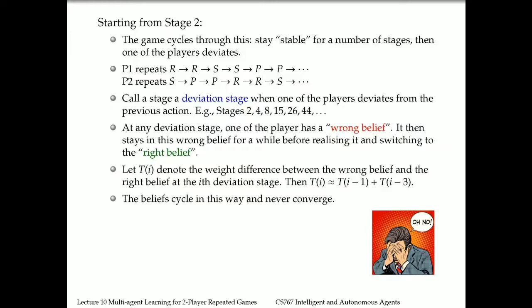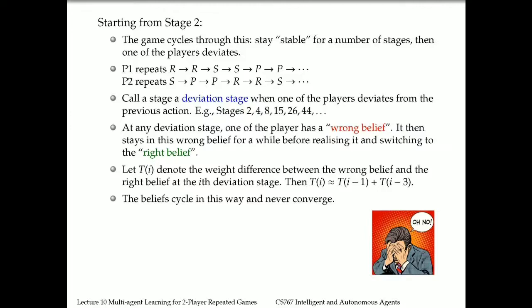This indicates that the weight difference between the wrong beliefs increases exponentially, and that's why the belief cycle never converges. So that's a very interesting example which illustrates that if players follow fictitious self-play, it's not necessarily true that we eventually converge to a single set of beliefs.